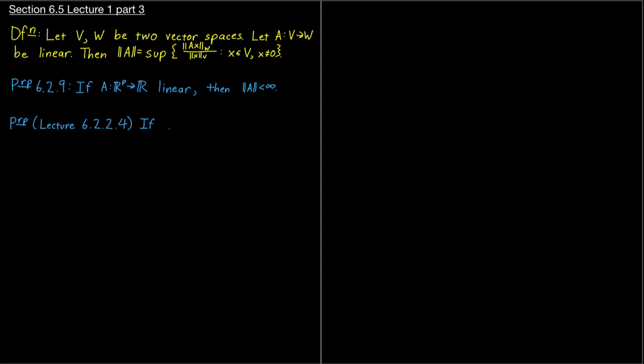If A is linear and the norm of A is finite, which proposition 6.2.89 says is always true going from R^p to R^q, then A is continuous. Better than that, it's uniformly continuous. Better than that, it's Lipschitz.